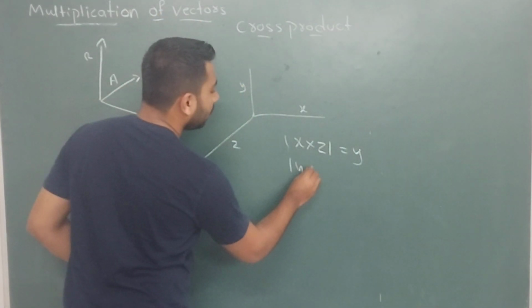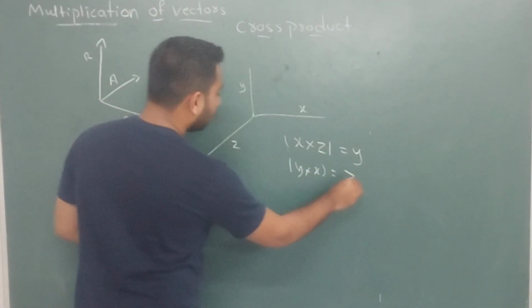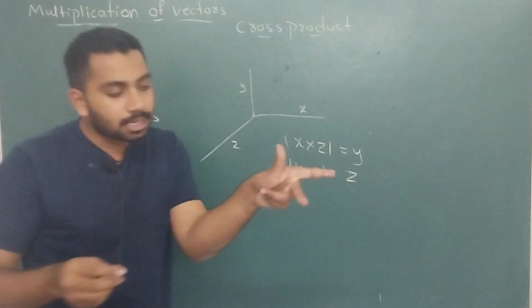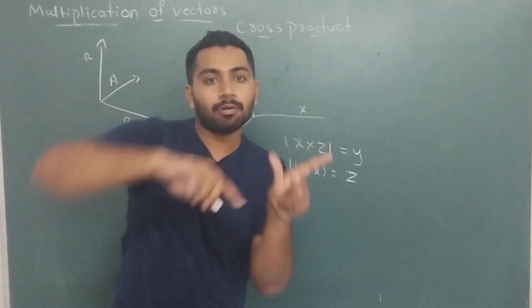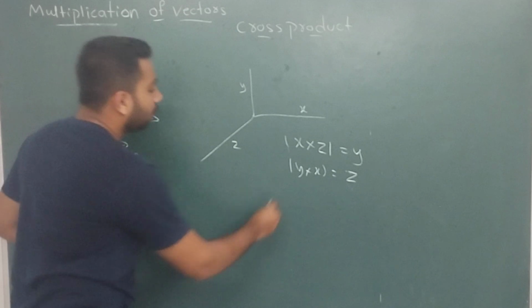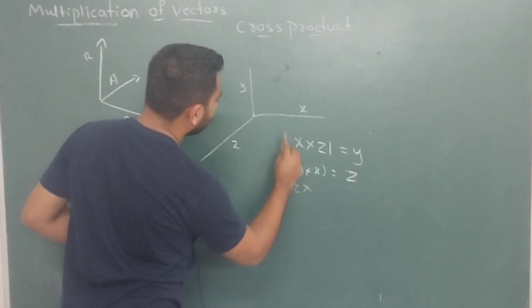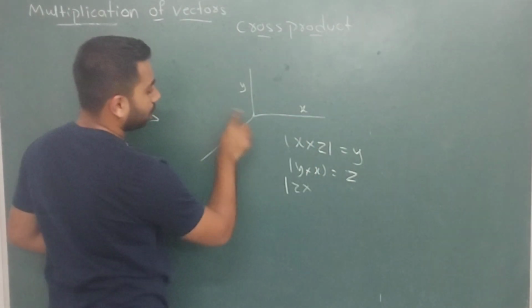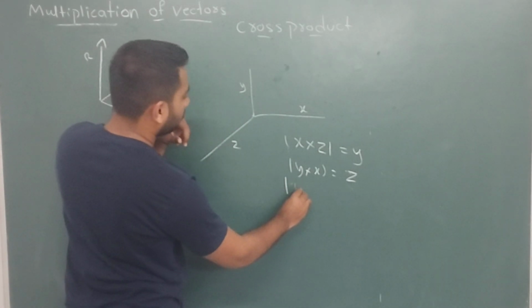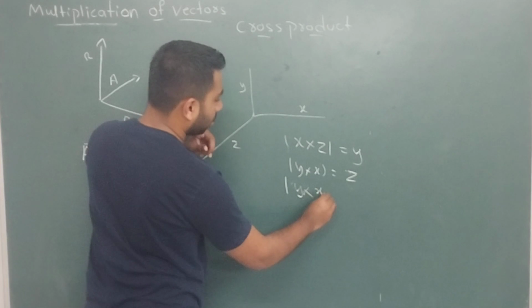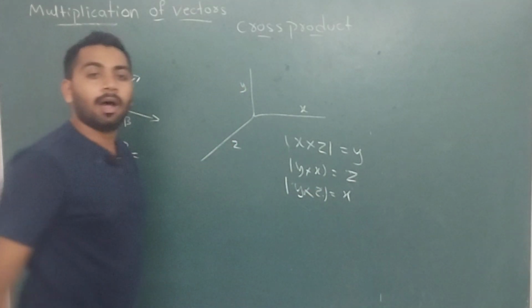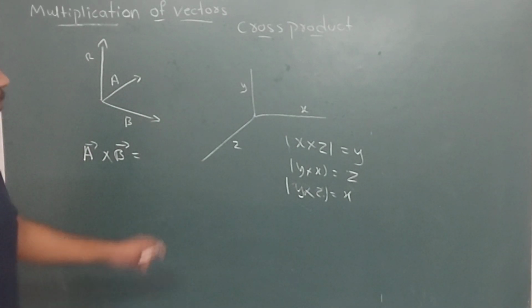When you cross y into x, you will get an answer which is perpendicular to this. When you are talking in 3D, it will be like this, perpendicular. Similarly, z into x, x into y, and y into z, you will get the x value. All are perpendicular. This is for understanding.